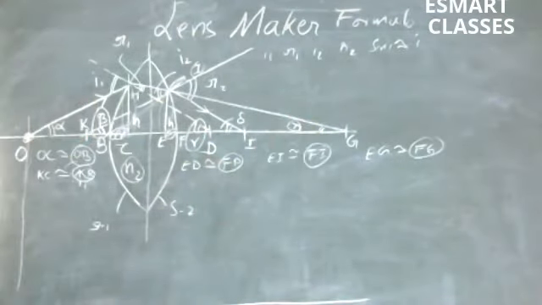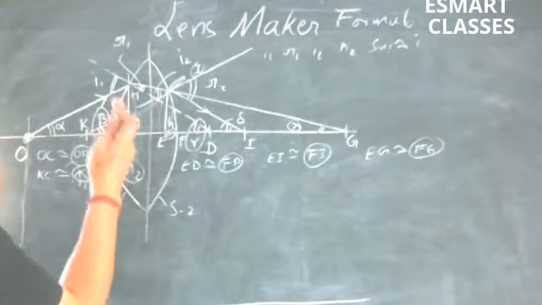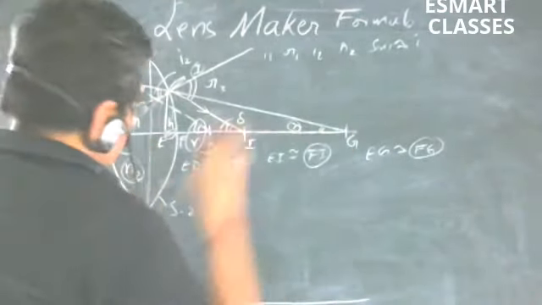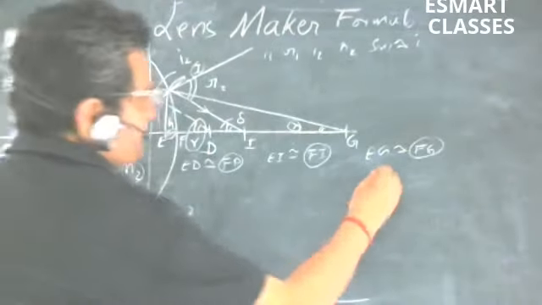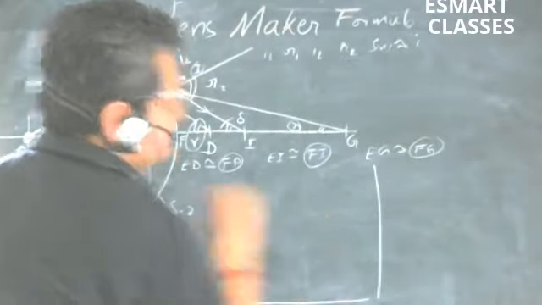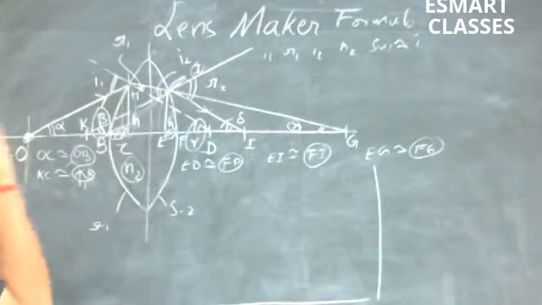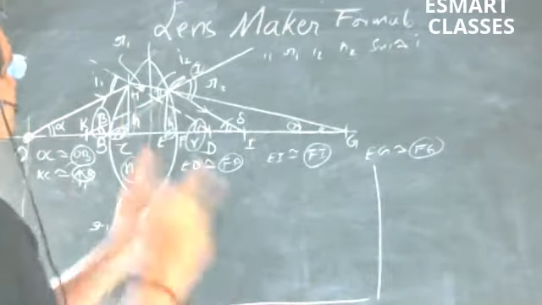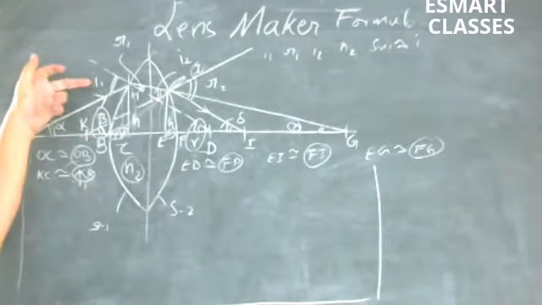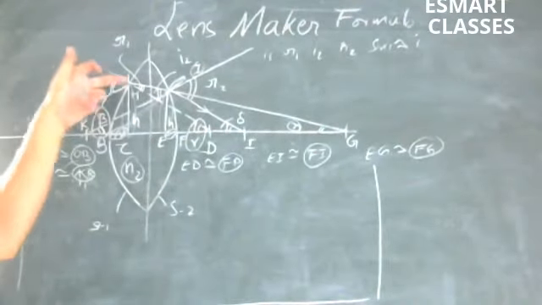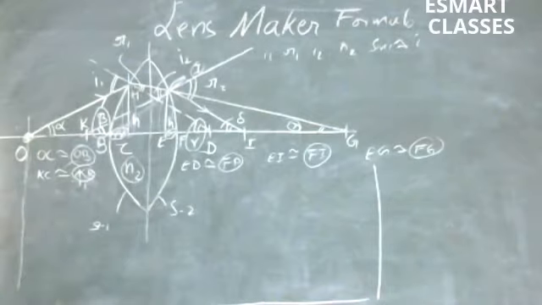These are the angles. Now, you have to take first this side, then take this side, and we can easily come to the lens maker formula. When you take this side, you have to take two triangles such that in one triangle you cover I1, and in the other triangle you cover R1.